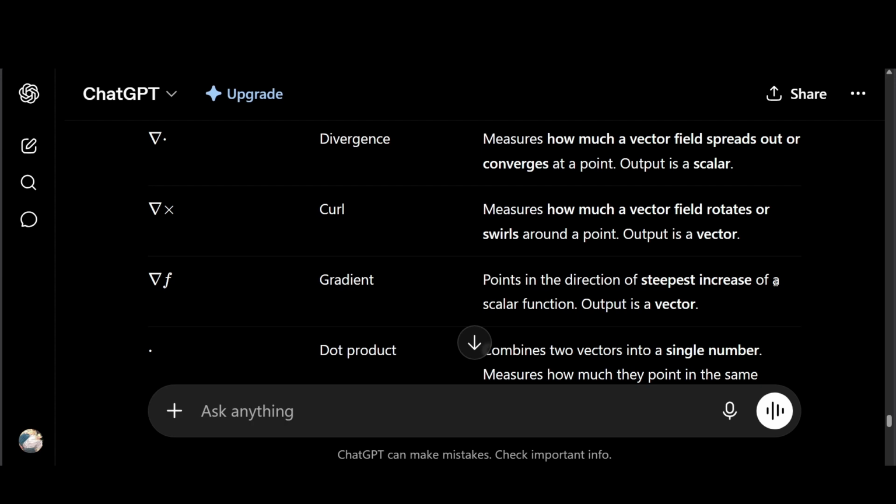So you have your divergence. It measures how much a vector field spreads out or converges at a point. The output is a scalar.